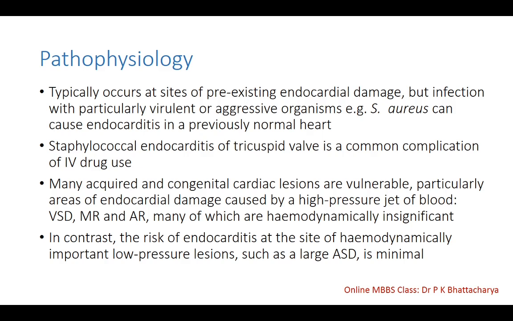In spite of that, infective endocarditis may develop. In hemodynamically low pressure lesions, like atrial septal defect or mitral stenosis, the risk of endocarditis is less or almost minimal. So in these diseases, infective endocarditis usually does not occur.